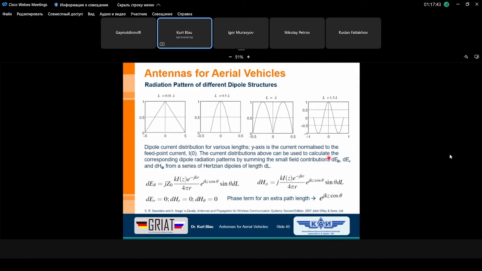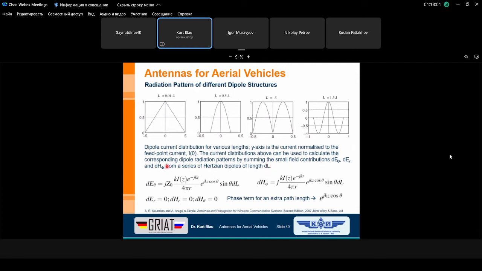The small field contributions in theta direction, in R direction, and in phi direction from a series of Hertzian dipoles of the length dl. This is the basic idea.